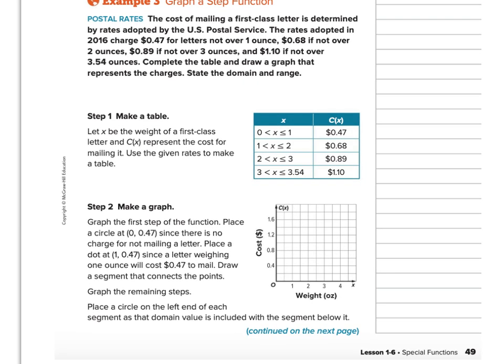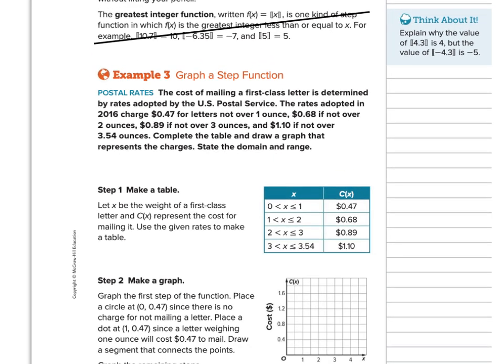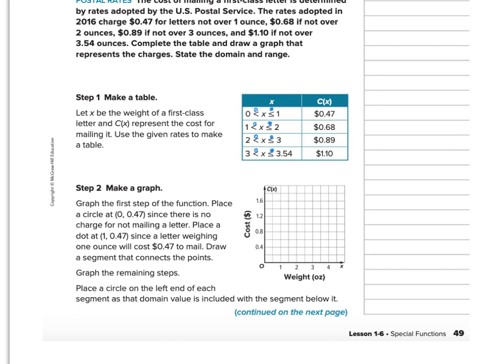So when we graph that, thinking about the in-between, this is going to be an open circle, closed circle, open circle, closed circle, and so on. Between 0 and 1 is going to be 47 cents, which is approximately right there. Open circle. You can't tell that that's really an open circle, but it is. I'll just make it bigger. And then to my closed circle.